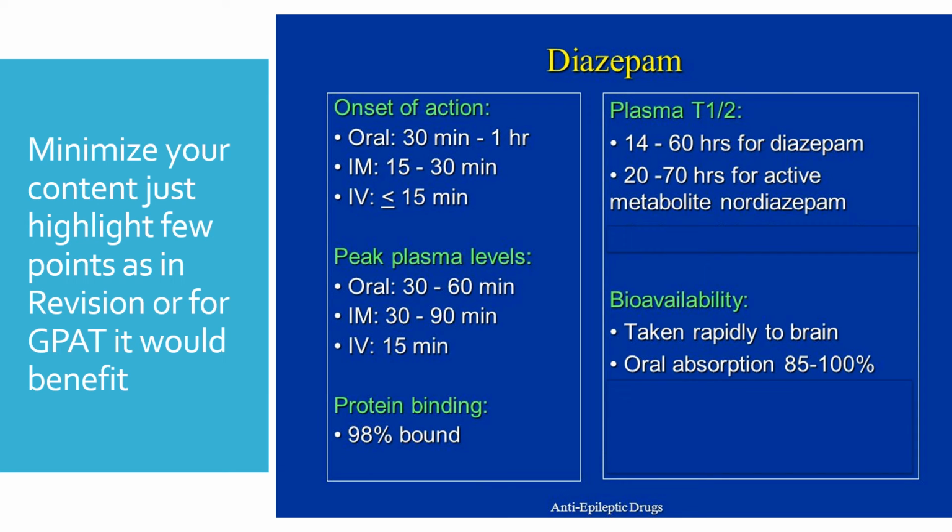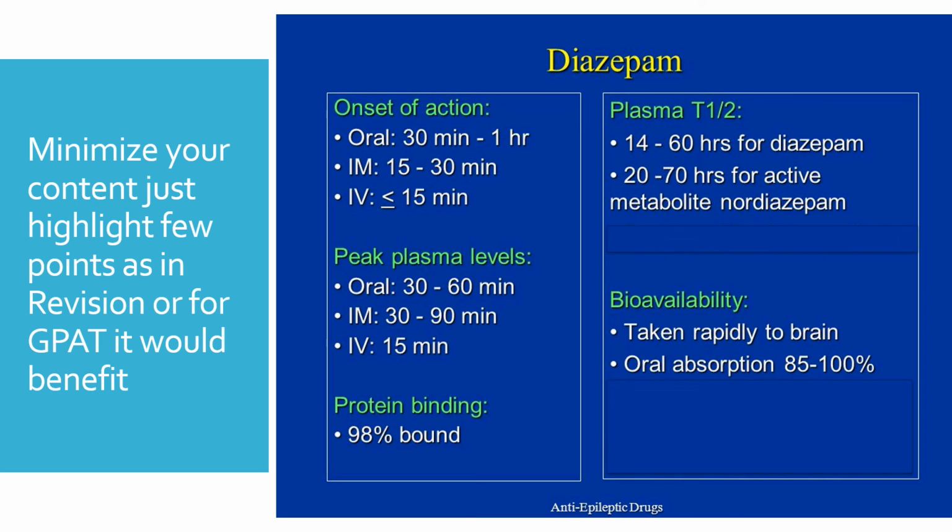Next, and the last and the most important thing is minimizing the content. Only refer to important points. For example, there are more than 100 or 200 drugs in pharmacology and medicinal chemistry that you need to remember. But is it actually essential to remember all side effects, all ADR, or PK, PD? No, it's not. So just see to it that you jot down onset of action, peak plasma, protein binding, half-life, and the bioavailability.